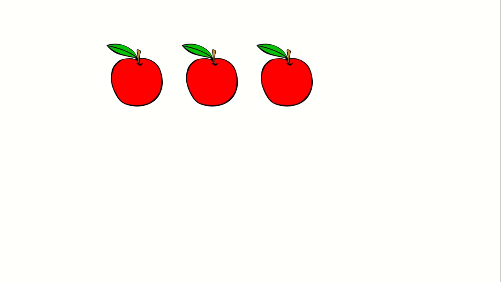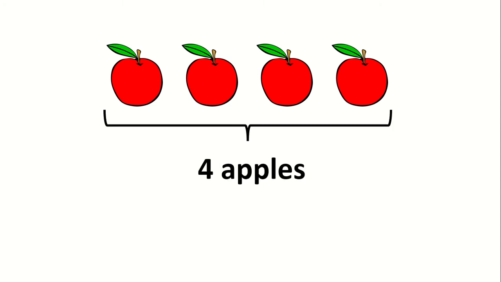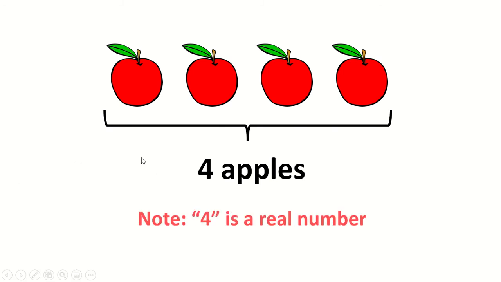So basically, let's look back at something from grade school. For sure, your teacher will always start with manipulative objects, like for example, apples. You can see that there are four apples here. So the quantity can be represented by 4.